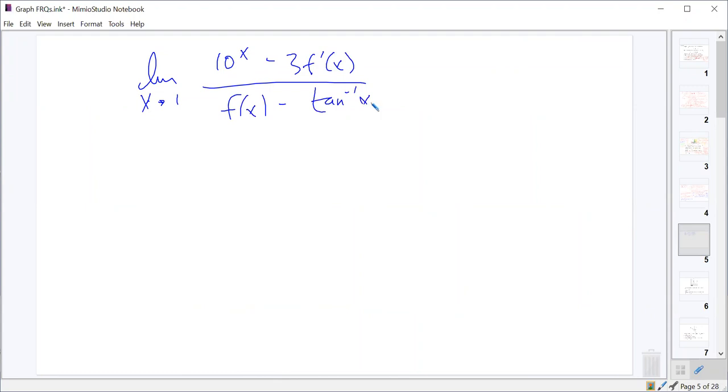Okay, cool. So we're looking for this limit, which means what's the first thing we should do when you're looking for a limit? Always, 100% of the time. Just substitute that 1 in, right? So this should become 10 to the first, 10, minus 3 times f prime of 1.